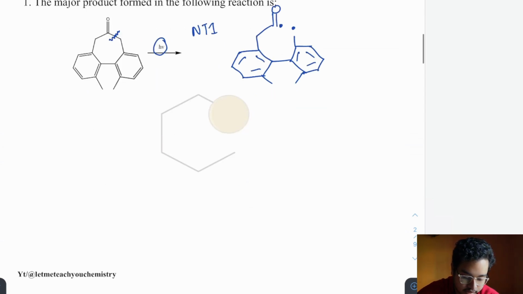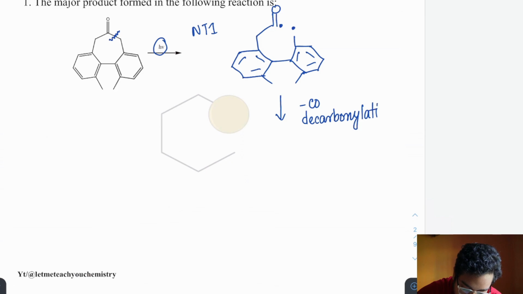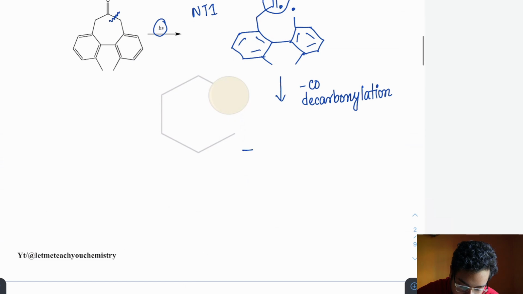Now, since there is no solvent present here, step 2 will be decarbonylation, so minus CO. After decarbonylation, this particular CO will be gone. So what should the structure be?